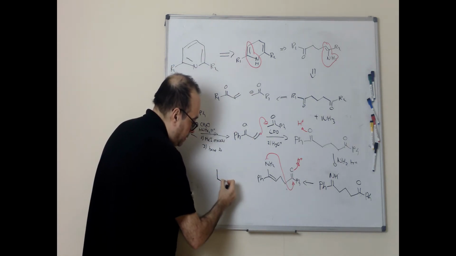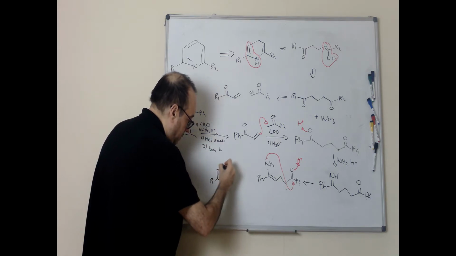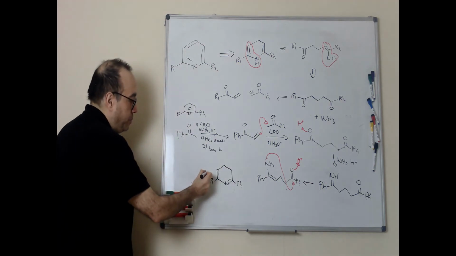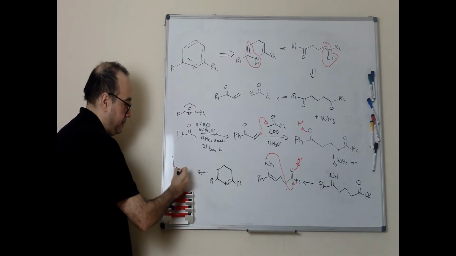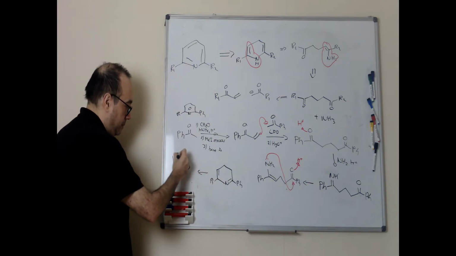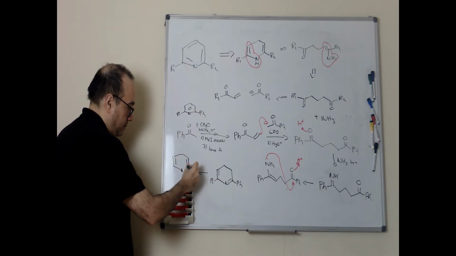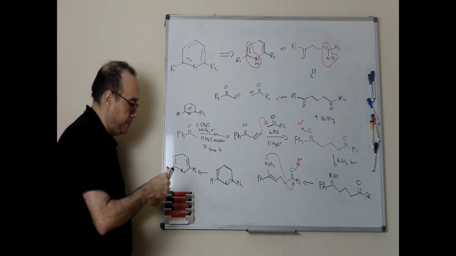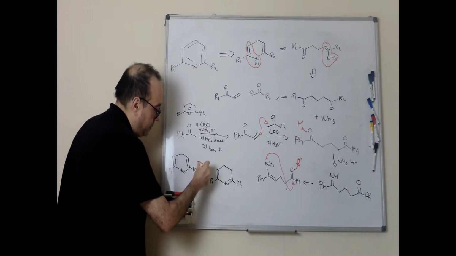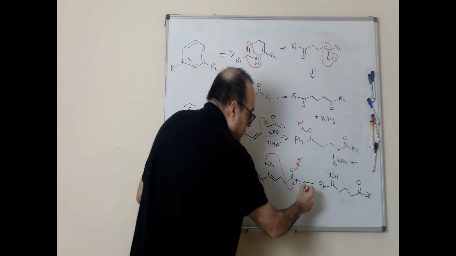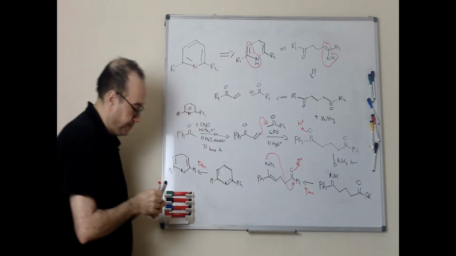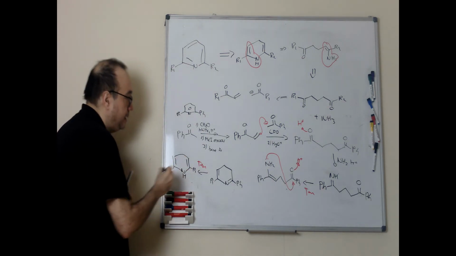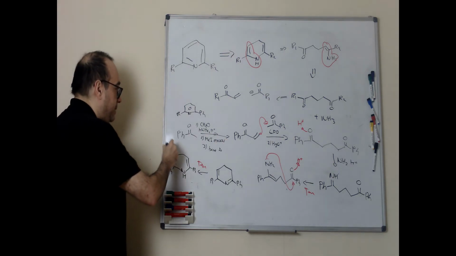What I get is this tautomerization to the enamine, and I will get the dihydropyridine. Tautomerization. Okay, I get the dihydropyridine.